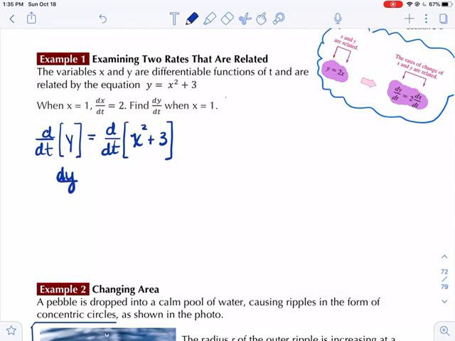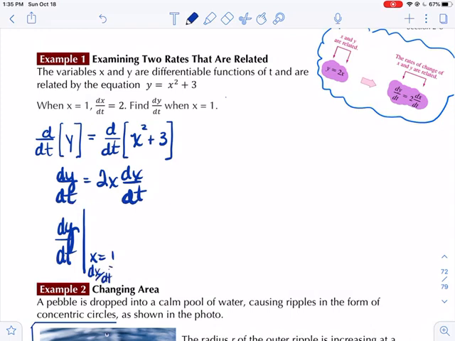So on the left-hand side of the equation, we get dy/dt is equal to 3x squared dx/dt. So in this problem, we want to find dy/dt when x is equal to 1, and we could also say when dx/dt is equal to 2.